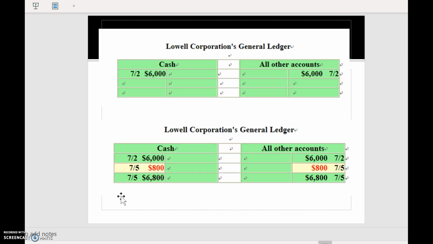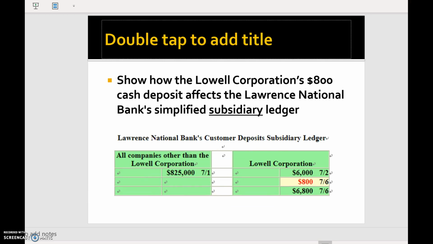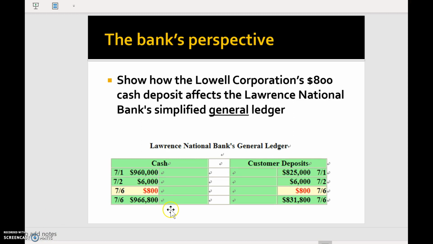However, the bank didn't show the 800 until July the 6th, because Lowell deposited the check at the end of the business day. So the bank didn't record this transaction until the next day. And notice that the bank has a cash account. It deposited this $800 cash on July the 6th, and then credit customer deposit, which is a liability for the bank, $800.